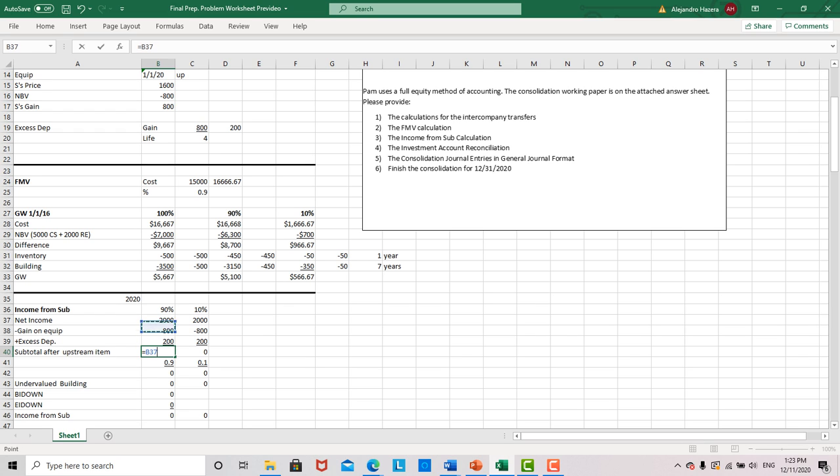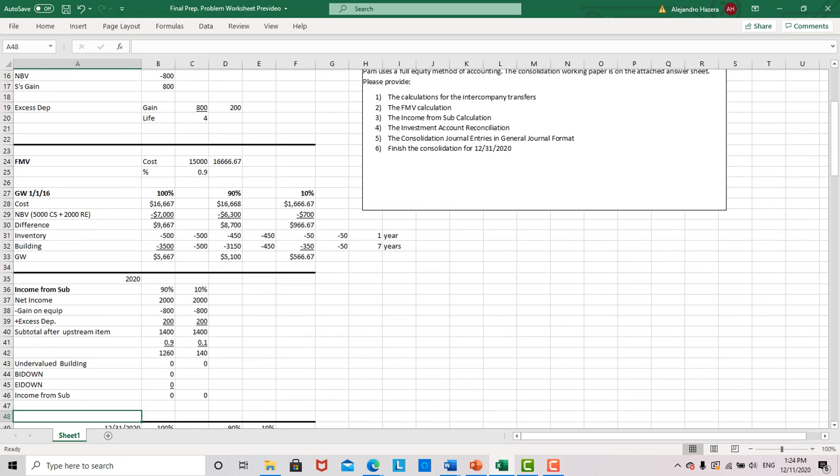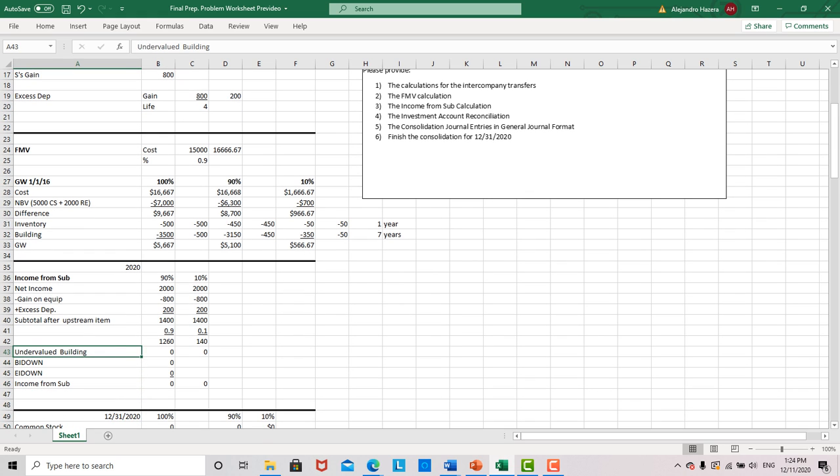Okay, so your subtotal is going to be 2,000 plus 800 plus 200 gives you 1,400. This is your subtotal adjusted for upstream items. Then you take it times the 90% and the 10%. So we've got 1,260 for the controlling interest, and we've got 140 for the non-controlling interest.